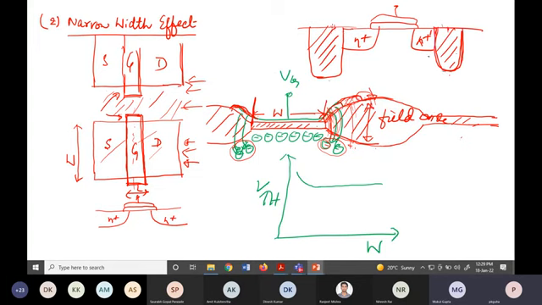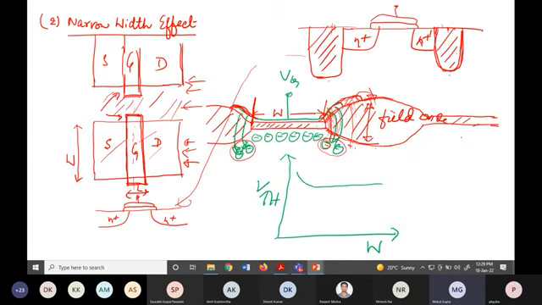I'm drawing this part, but if I draw from this side, this particular image of trench isolation will be exactly the same. So this is my W.